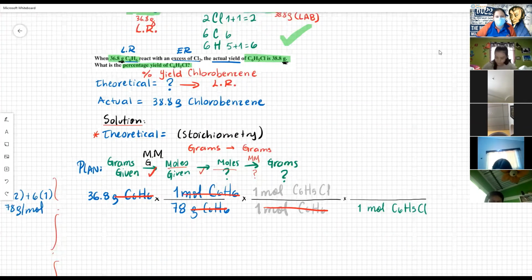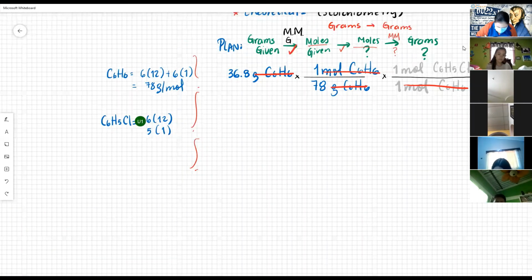I will calculate the molar mass right here. C6H5Cl: the molar mass is 6 times 12 plus 5 times 1 plus 1 times 35.45.